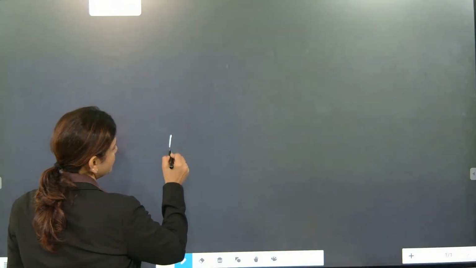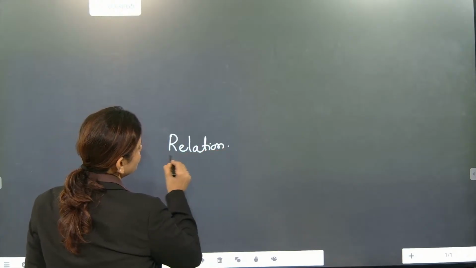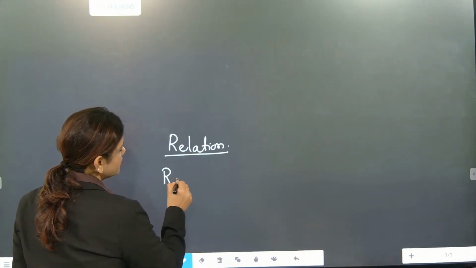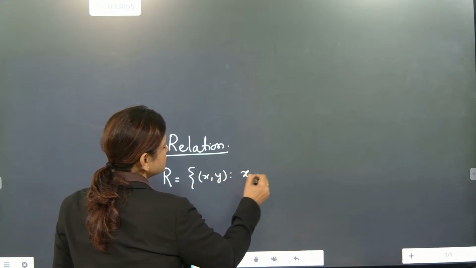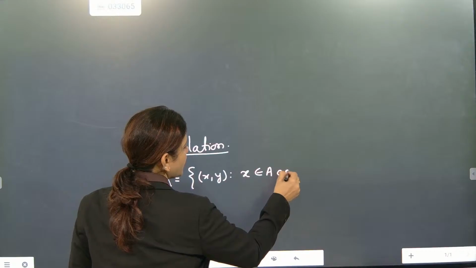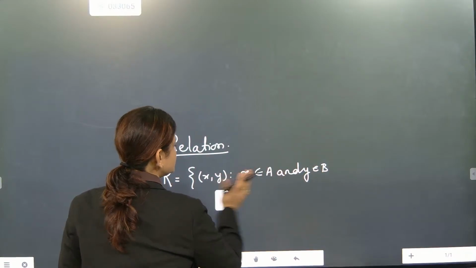Sivaranjani, just 1 minute, wait, beta. Relations will always be presented as R = {(x, y)} such that x belongs to A and y belongs to B. Understood or not?